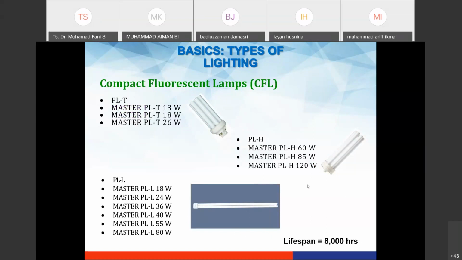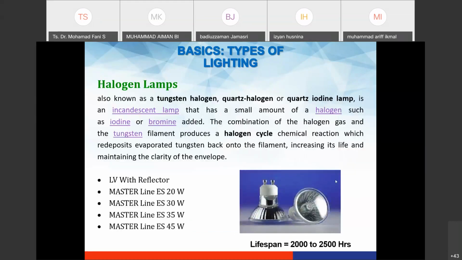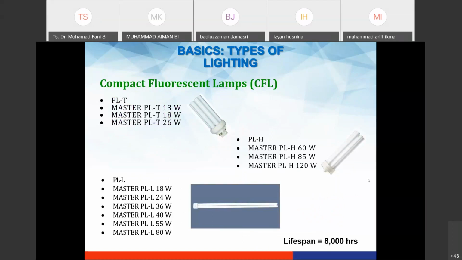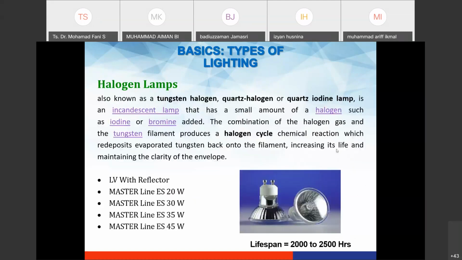We also have LED for the CFL. Halogen lamp, we can find this in a stadium, in Dewan Chancellery, UTM. During examination, the lux level is not enough for students, right, when using this halogen lamp.